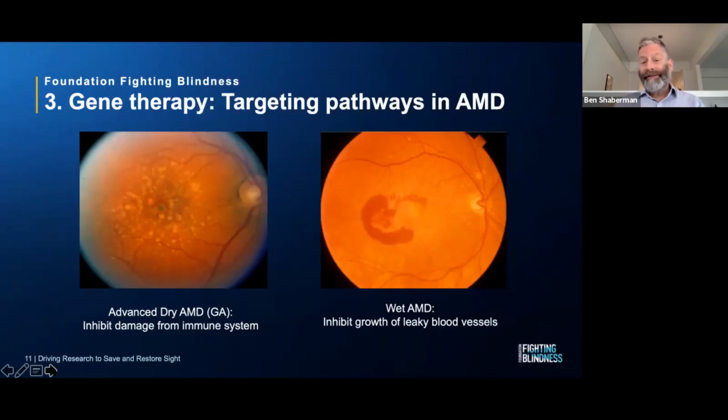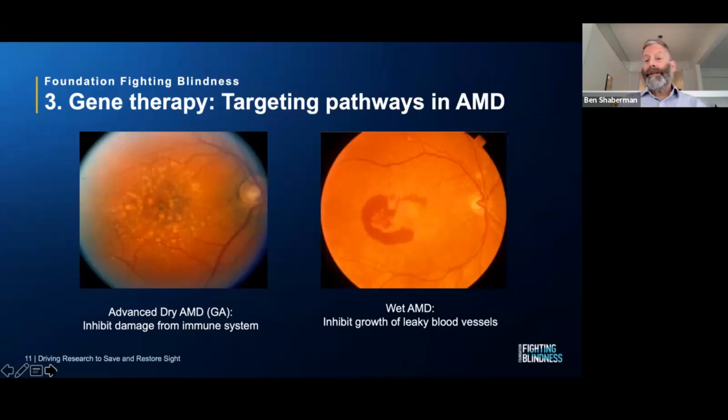That's not convenient. So researchers have developed gene therapies that are one-time injections that produce proteins that are similar to those in Lucentis and Eylea to inhibit the growth of leaky blood vessels. And the hope with the gene therapy is you just get one injection and that would last for many years.